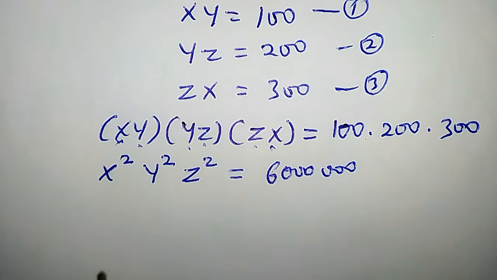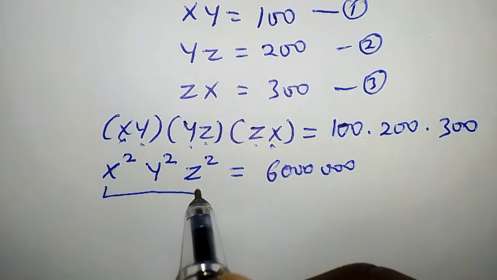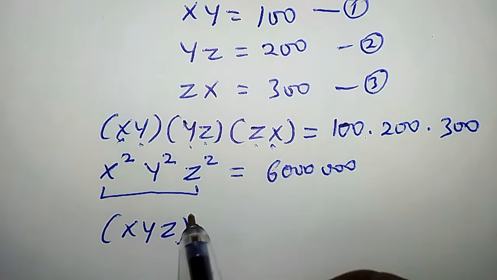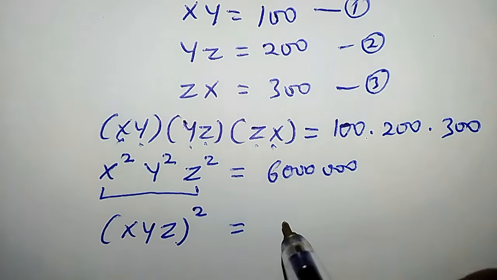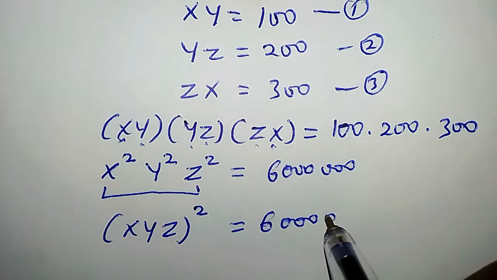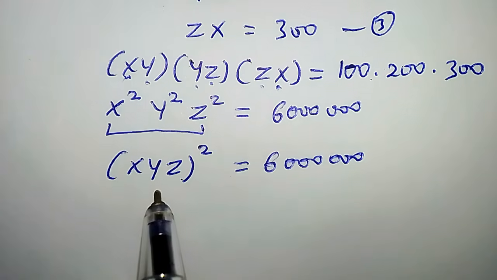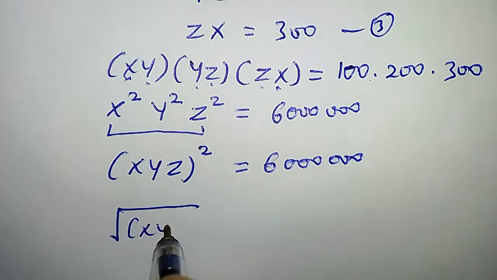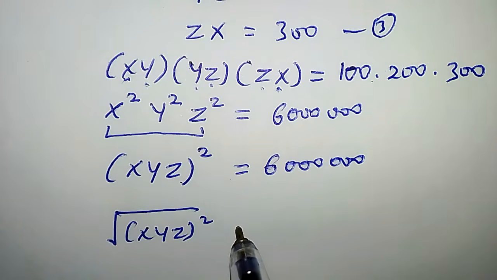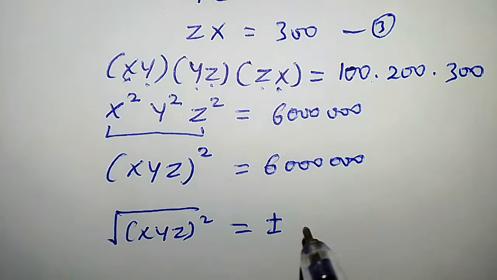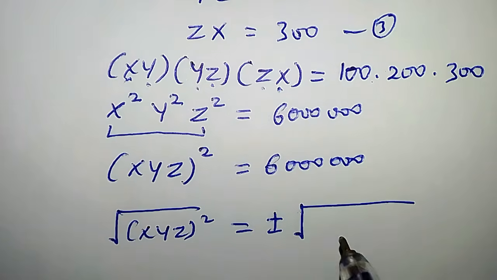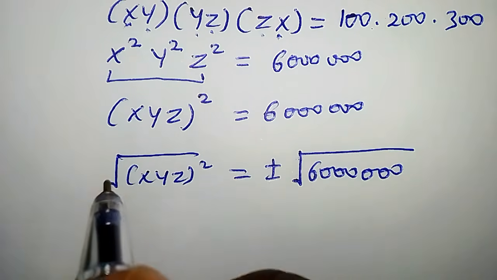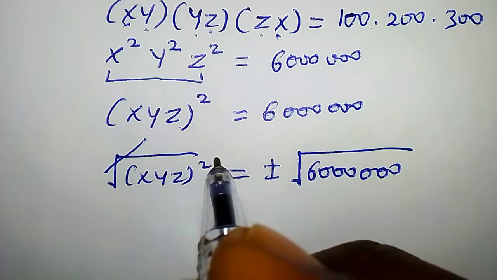You will see that we can rewrite this left hand side as the product of x, y, z all squared equal to 6 million. Taking positive square root of both sides, we have square root of x, y, z all squared equal to plus or minus square root of 6 million. Clearly, this square root cancels out this power.